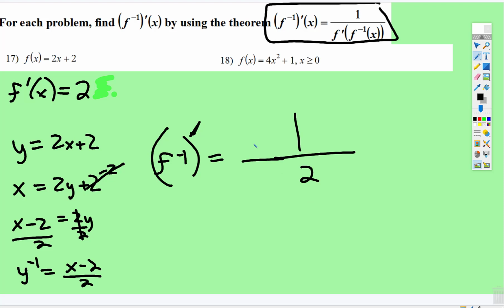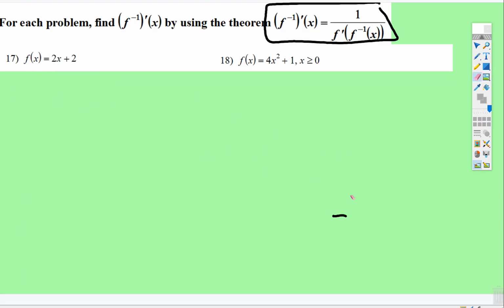It's just 1/2, and that should make sense because remember, the derivative is the function that produces the slope of the tangent line. Well, if the original slope is 2, then the inverse is 1/2.